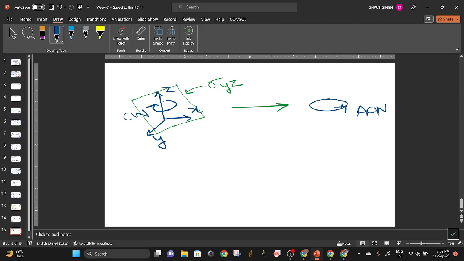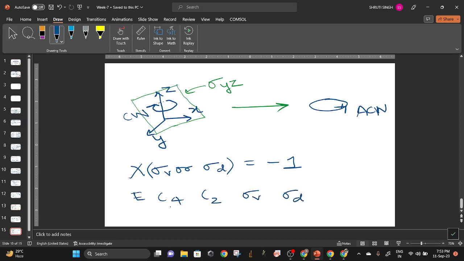The same thing will happen if you put the plane XZ. Here, clockwise rotation is getting changed to anti-clockwise. So the character under sigma V or sigma D should be -1. It is changing direction. Hence, for E, C4, C2, sigma V, sigma D, the characters will be 1, 1, 1, -1 and -1.